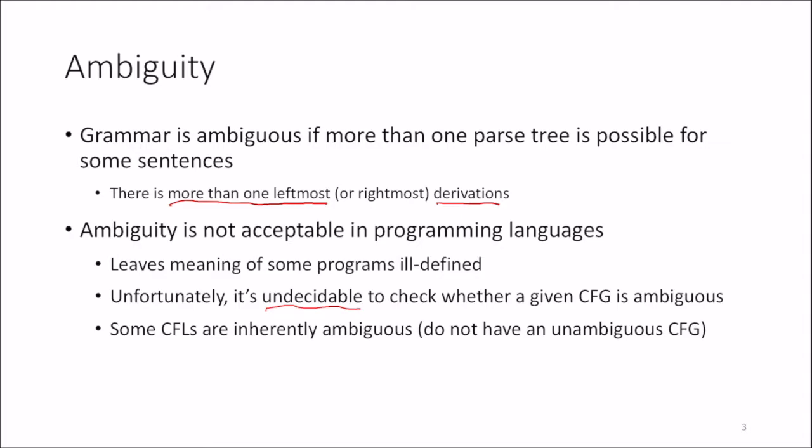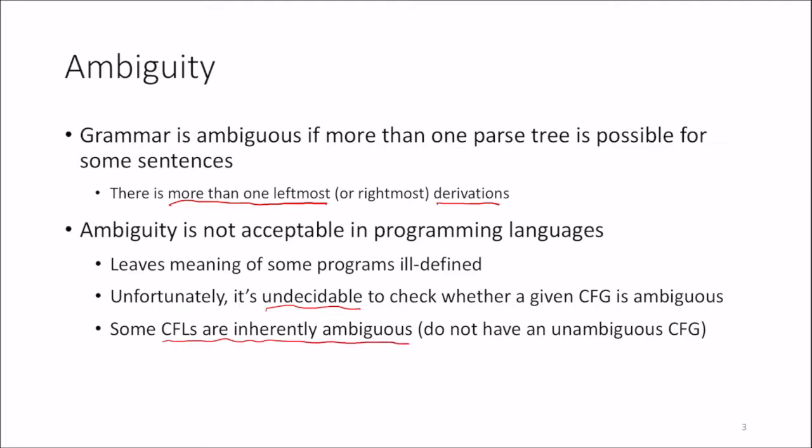What that means is that there is no valid program or algorithm that you can write to check whether a given context-free grammar is ambiguous. It's shown by equivalence to other problems like the halting problem that are undecidable, and so it can't be automated, right? So you can't just say I'll write an ambiguous context-free grammar and then convert it into an unambiguous one.